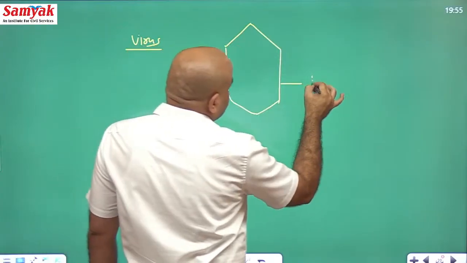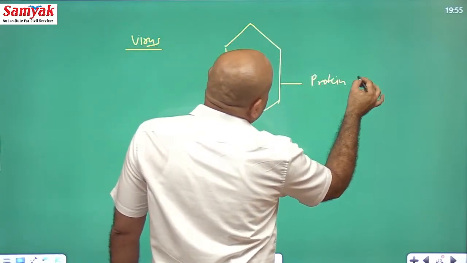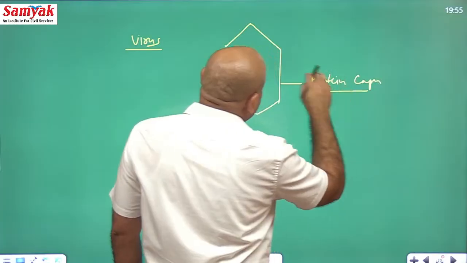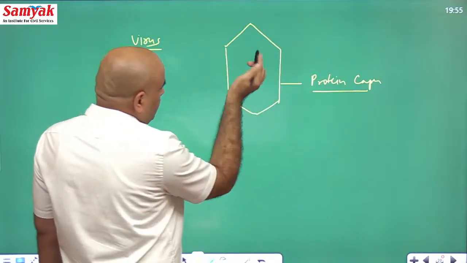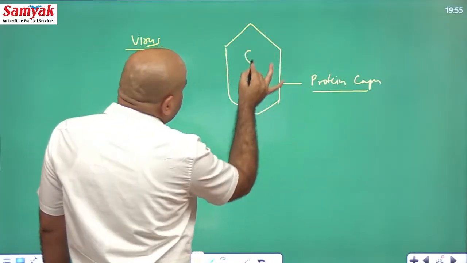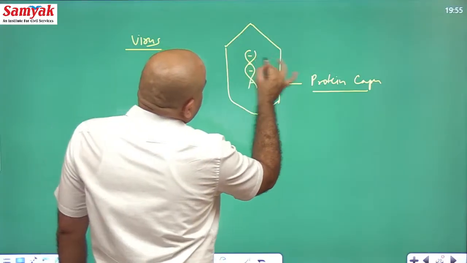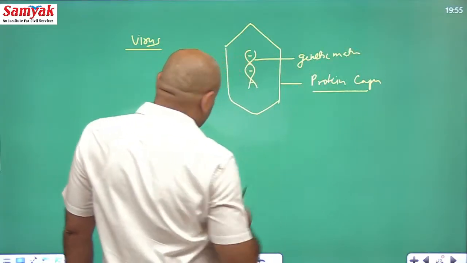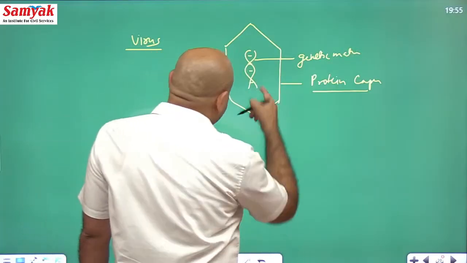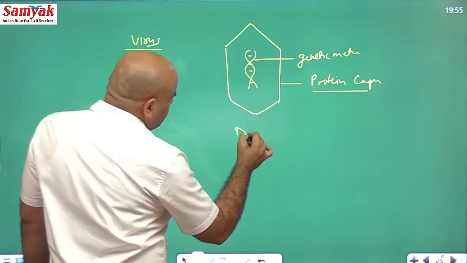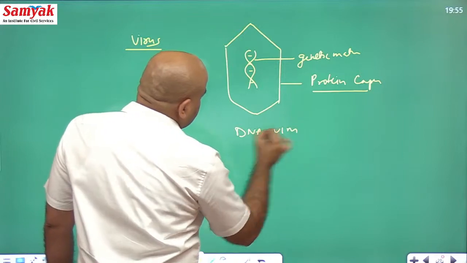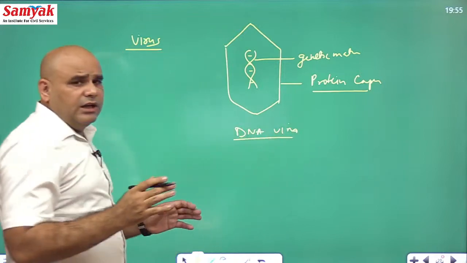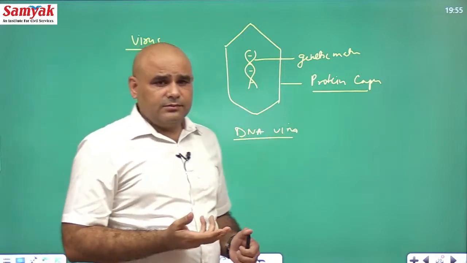One is proteinous capsule. Capsule is made up of protein most of the times. And then there is genetic material. This genetic material, if it is like this, then I'm going to say this is DNA virus. Usually DNA viruses are less harmful.